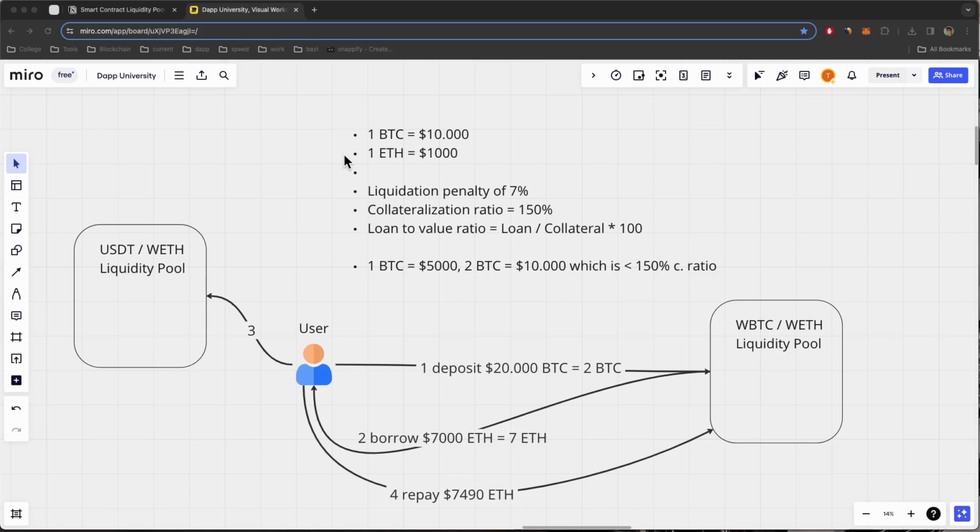So to take out 1 Bitcoin, which is worth $10,000, you need to have deposited 20 ETH.